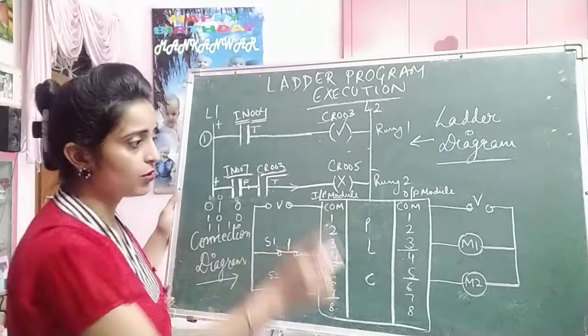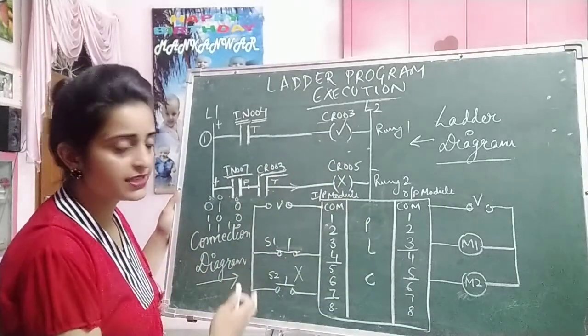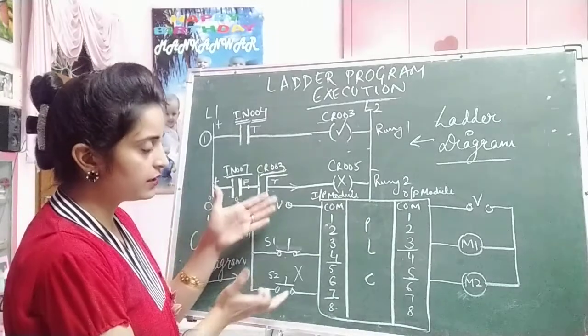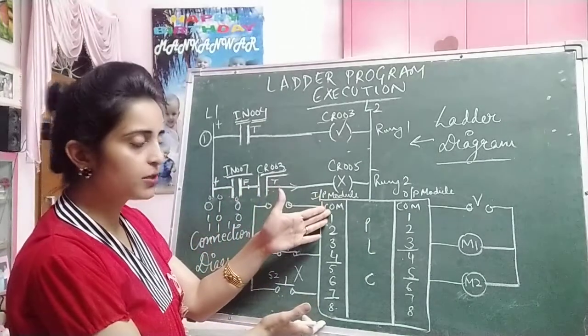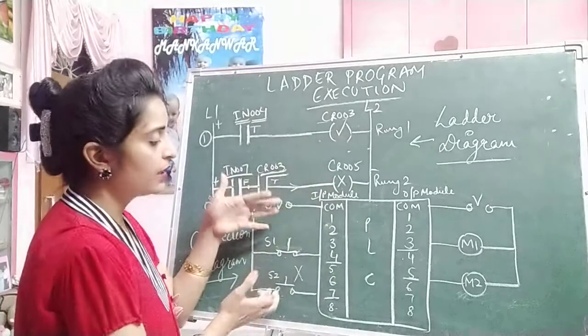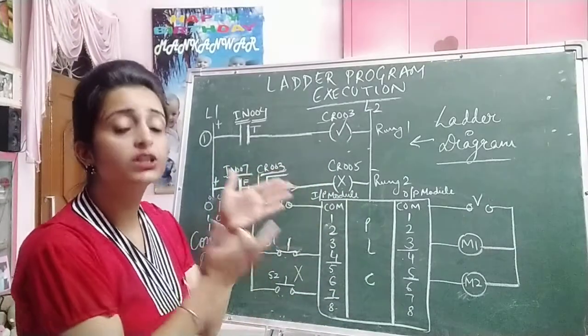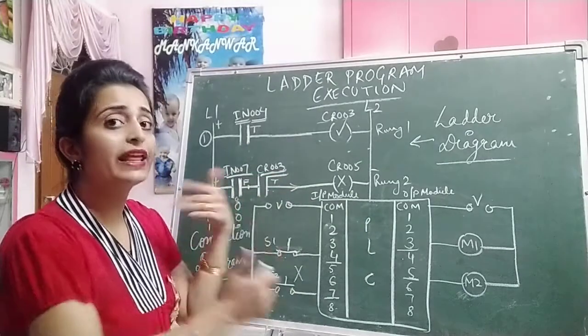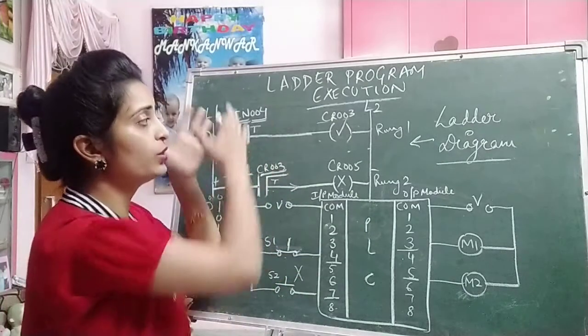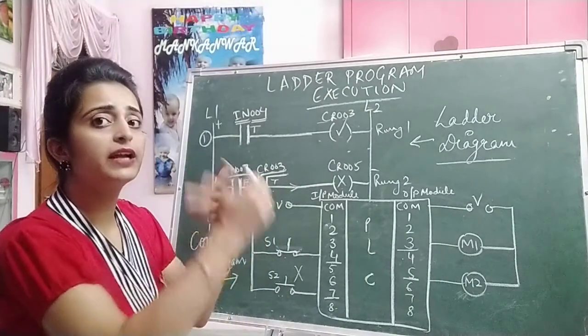So what will happen at the connection side? These input devices are connected to the input module in the PLC. According to these input devices, the input image status table will get updated, and during the program it will get updated again and again.